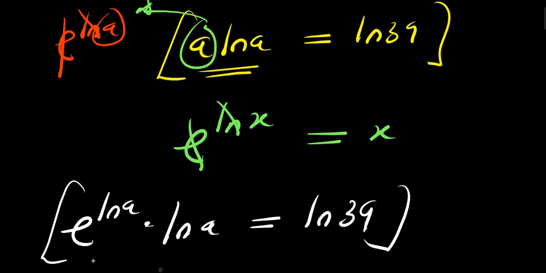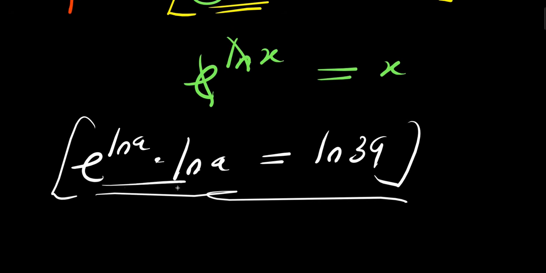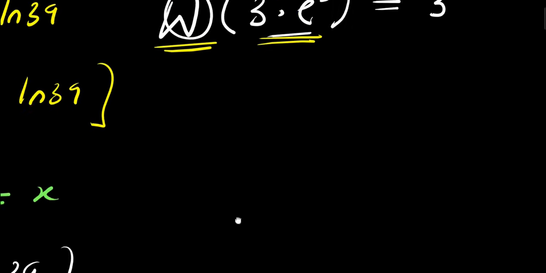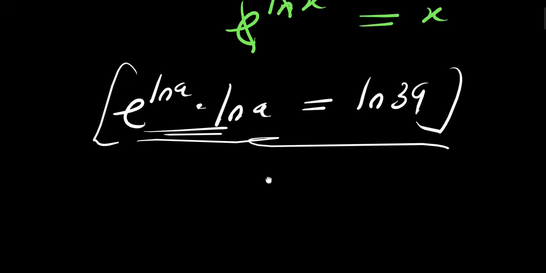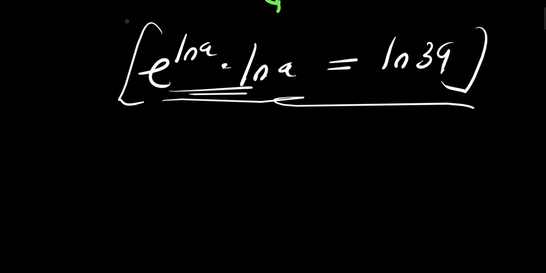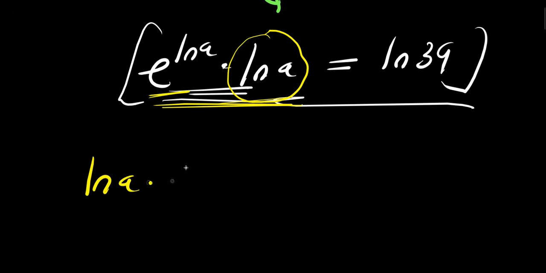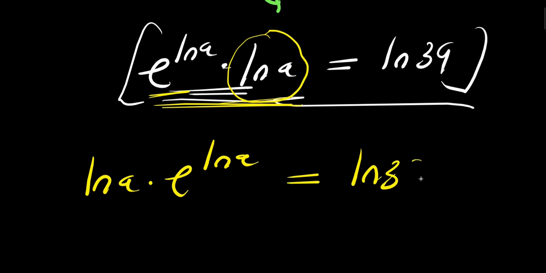Now, don't forget the fact that we are still trying to model this, especially the left-hand side of this equation, to replicate this. So right now, if you consider this particular equation, the ln a must actually come first before e power ln a. So I have ln a times e power ln a, and this equals ln 39.